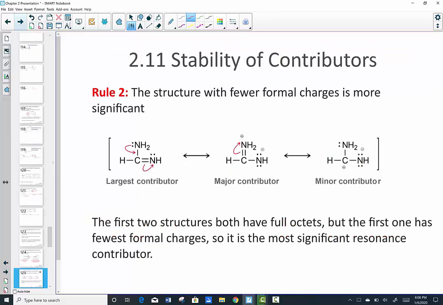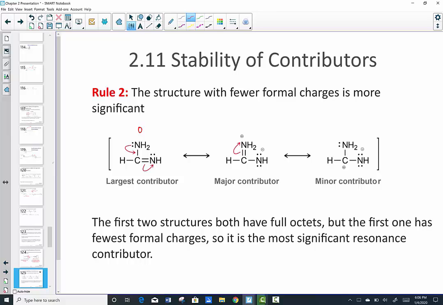Rule 2, in determining the major contributors of the hybrid structure of a resonance, says the structure with fewer formal charges is more significant. And I might have been saying that all along. If I have 0 on all atoms for formal charge, that would be the major contributor.